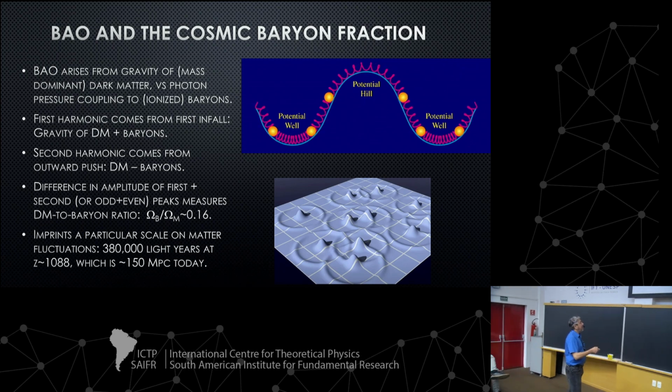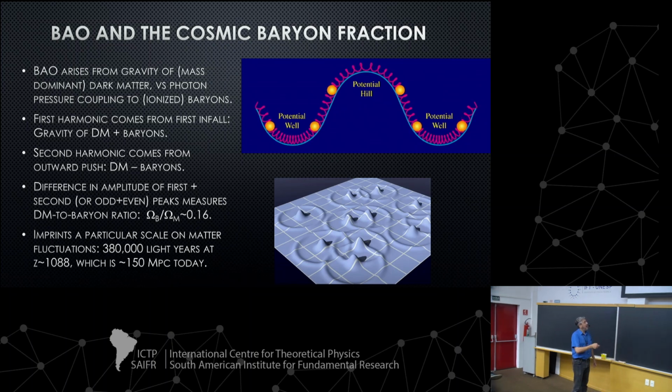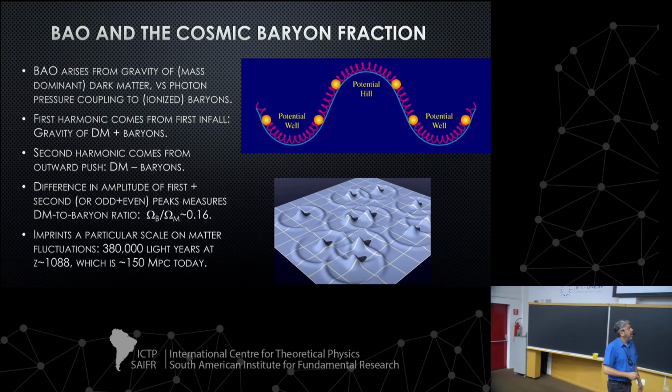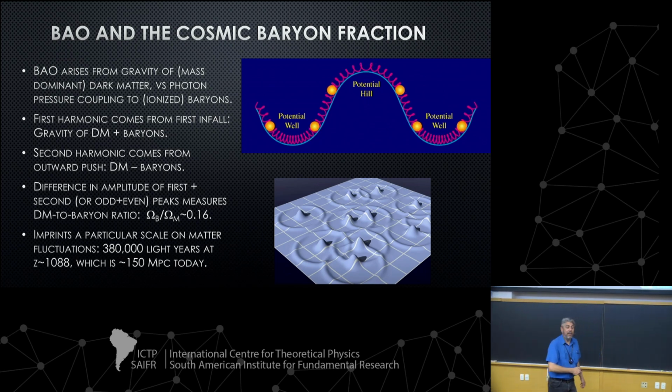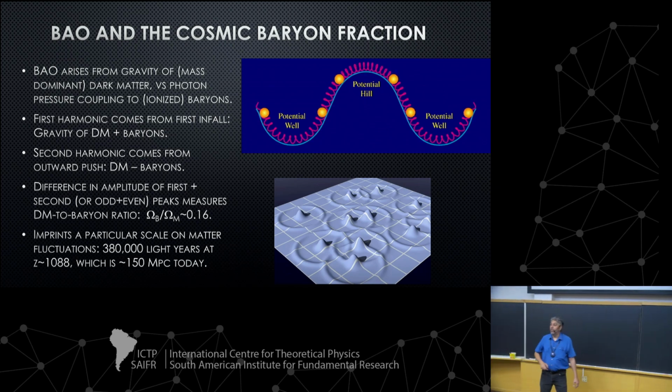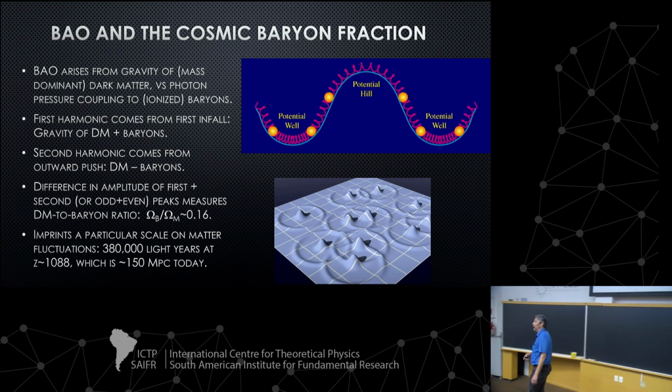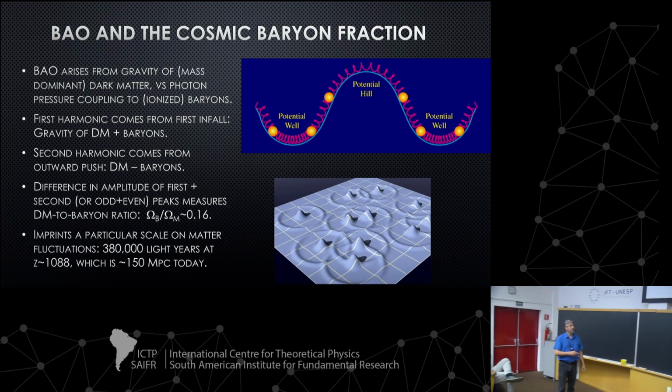So that scale, 380,000 light years at redshift 1100, turns out, as the universe expands, to be about 150 megaparsecs today. And so you see an imprint of this process at very early times in the matter distribution today, and we'll see it in the galaxy distribution a little bit later.